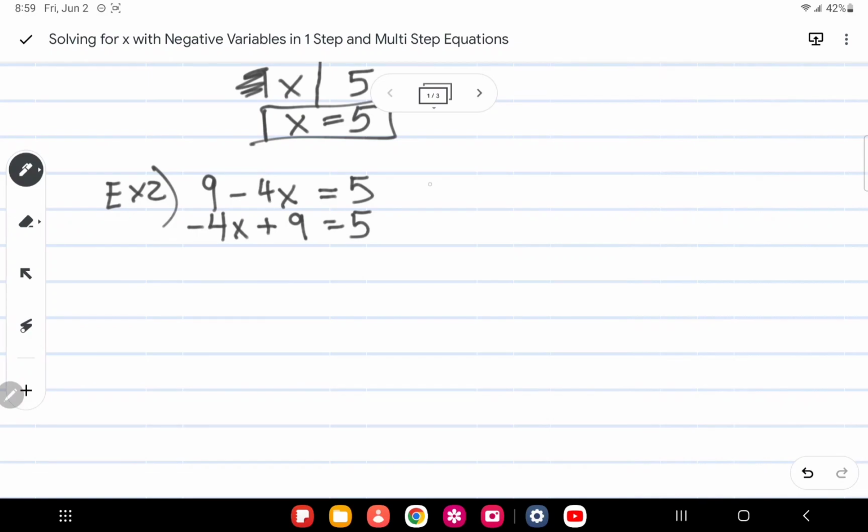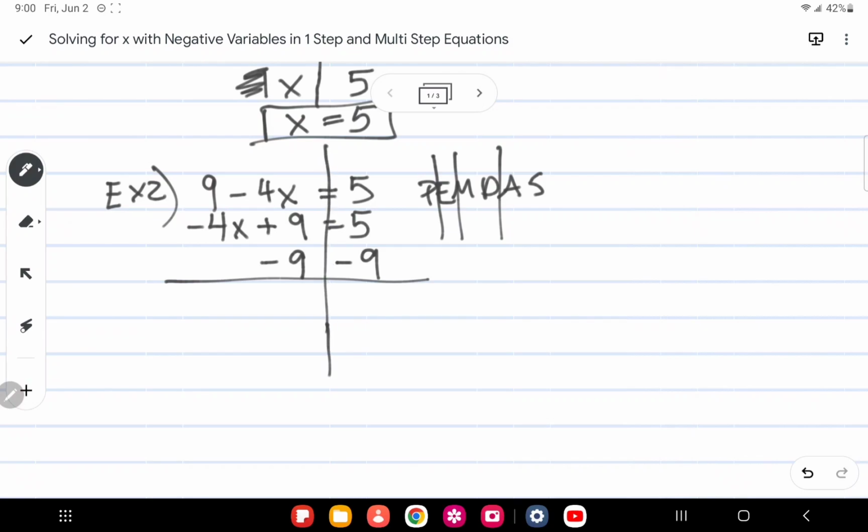Okay, I'm gonna write PEMDAS once again. Make the separations. Now let's take a look at the operation that's being done to this variable first and foremost. Is there subtraction? No. Is there an addition? Yes. The opposite of addition is subtraction, so we will subtract what is being added, which is 9.